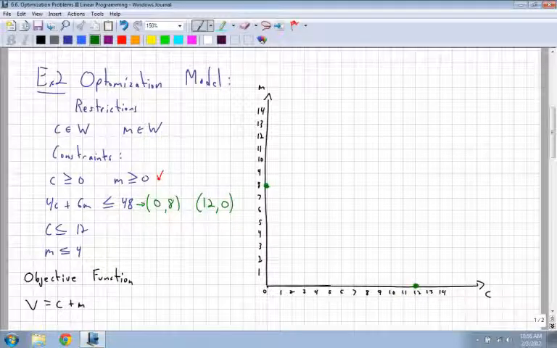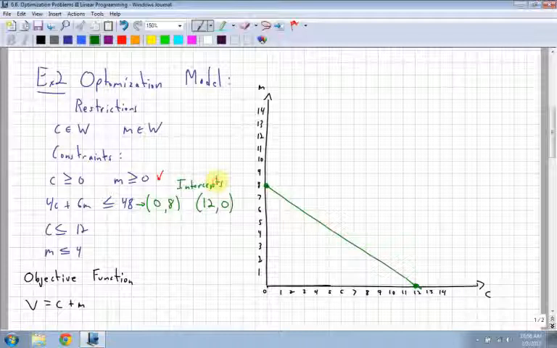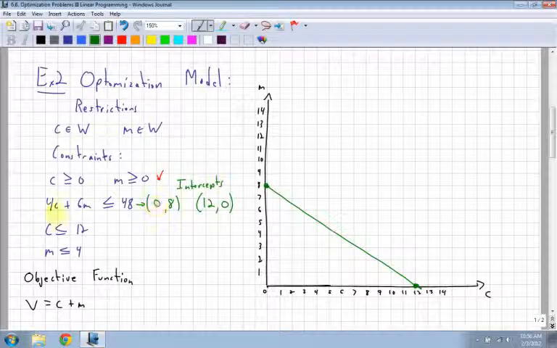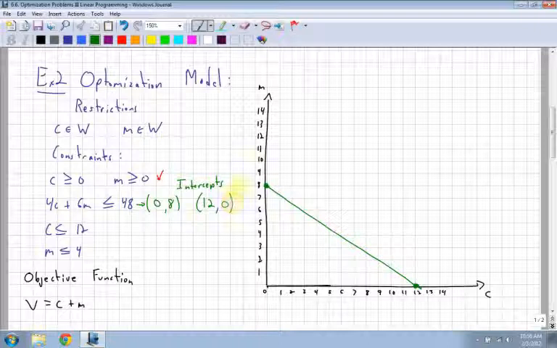Once I have those 2 points, I can connect them with a straight line, and I have my first line. So that's graphing using intercepts: plugging a 0 into one of the variables and solving for the other, then plugging a 0 into the other one and solving for the first one.